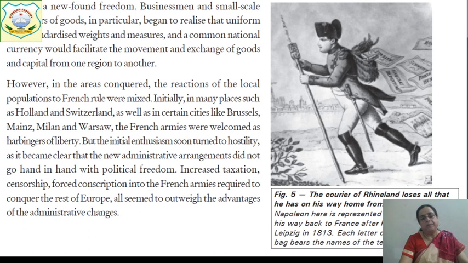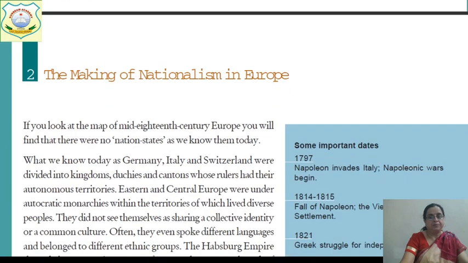But soon people turned hostile towards the French army. The reasons were increased taxation, then censorship, and the third one is forced conscription, meaning forced recruitment into the French armies. Okay.